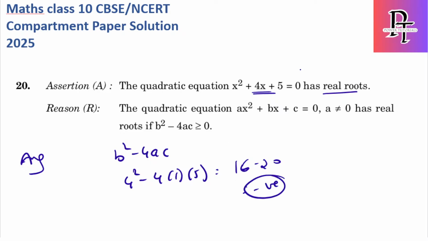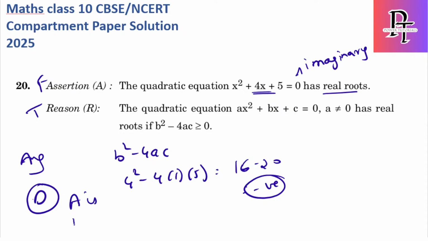If it is negative, it does not have real roots, it has imaginary roots. Hence the assertion is false. The quadratic equation has real roots if b square minus 4ac is greater than 0, hence the reason is true. So for this, the option should be D, where A is false and R is true.